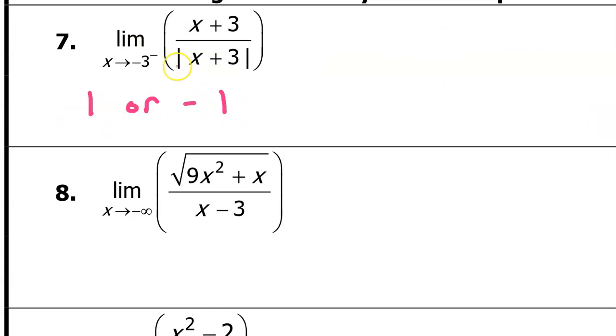The denominator will be positive no matter what because of the absolute value. So if the numerator is also positive, that's when you get a positive 1. On the other hand, if the numerator turns out to be negative, then you're going to get a negative 1. So the only question is, as x approaches negative 3 from the left, is the numerator going to be positive or negative?